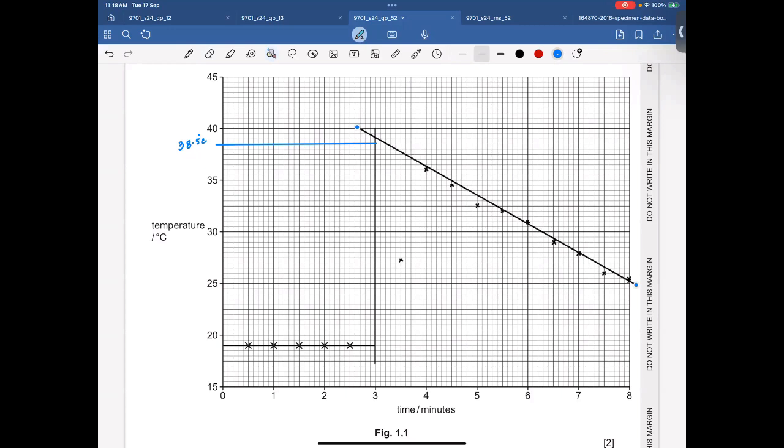No, it's fine then. And how much time is 19? 19.0. Okay, 38.5, 39 and then 40. Yeah, it's fine.